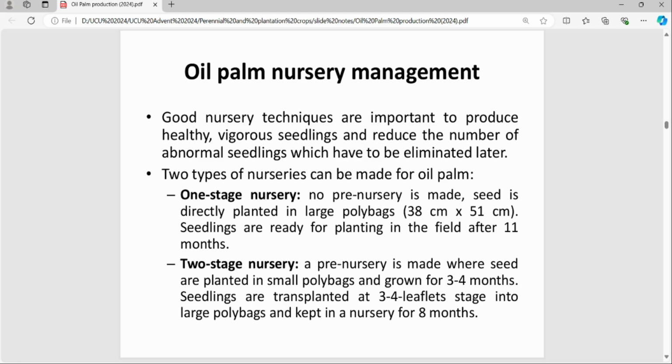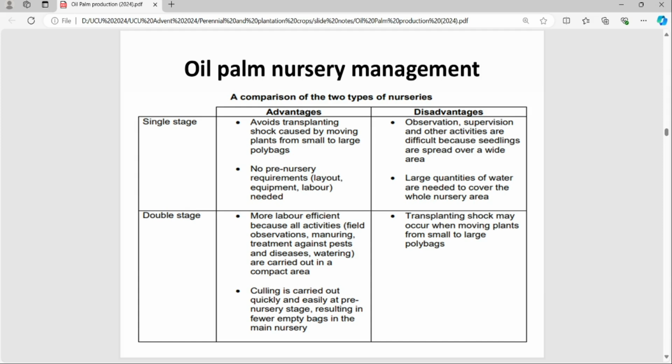But the two-stage nursery will require one to do a pre-nursery where you plant in smaller polypods for about 3 to 4 months, and then you change or transplant the seedlings into larger polypods for the remaining 8 months of the growing period of a seedling. Now, these are the advantages and disadvantages of the two types of nurseries.